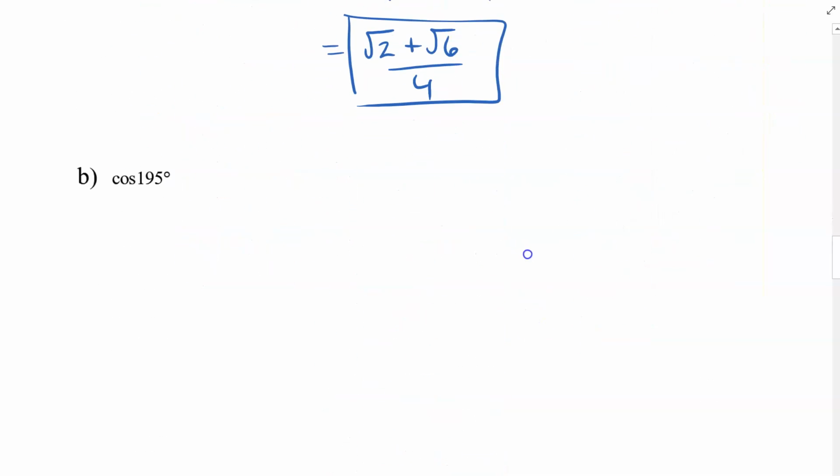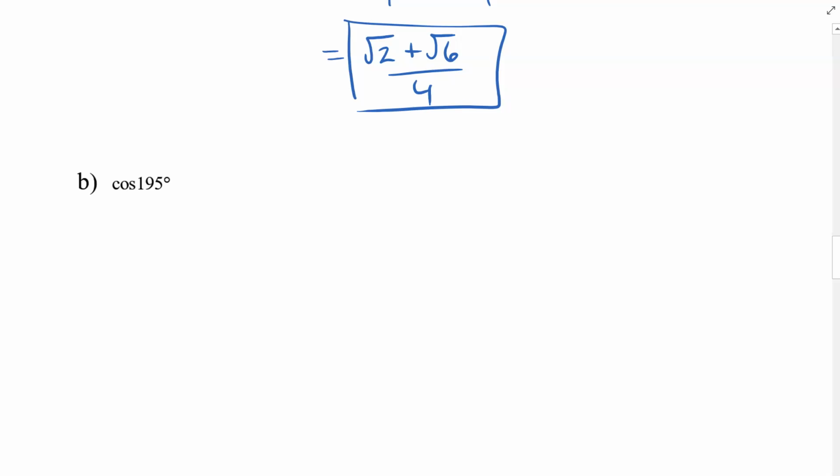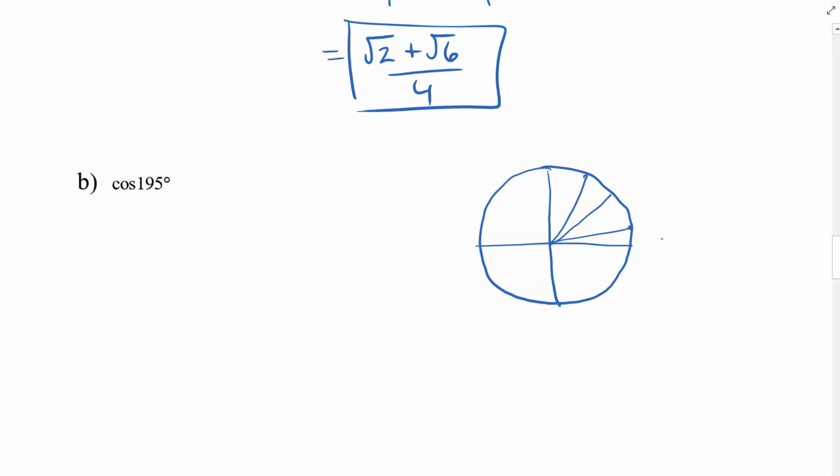On our next example, we have one in degrees, 195 degrees. So we're going to start off with the same idea here. If I redraw this unit circle, these three examples, this is 30 degrees, this is 45 degrees, and this is 60 degrees.